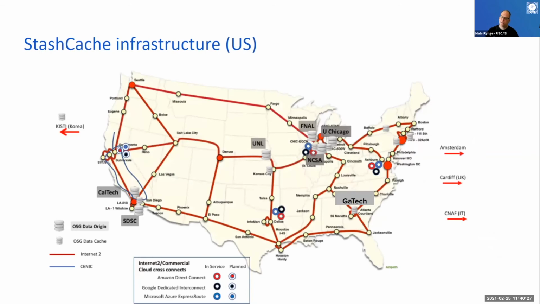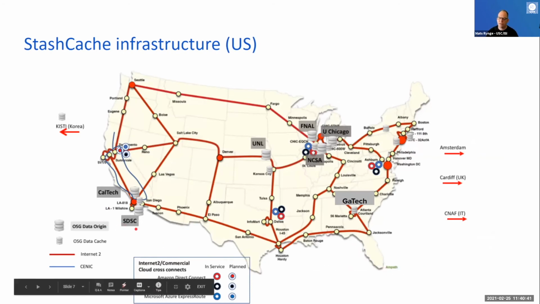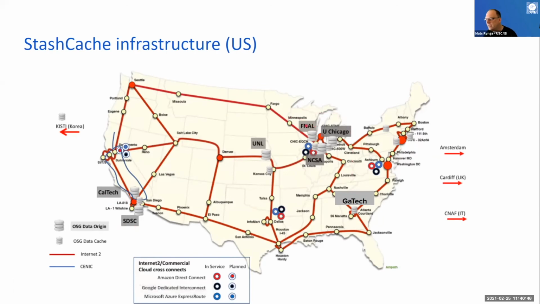And if you look at this from an Internet2 and SCENIC point of view, a lot of the data that you are transferring on Open Science Grid would go over these networks. And so you can see where we have these caches: San Diego, Caltech, and then up here in the northeast.